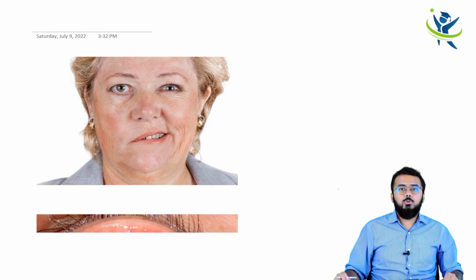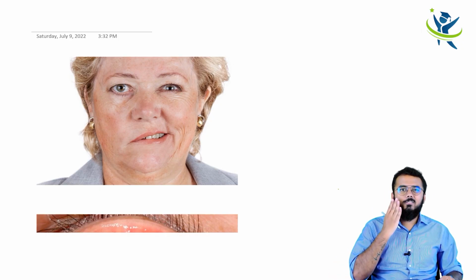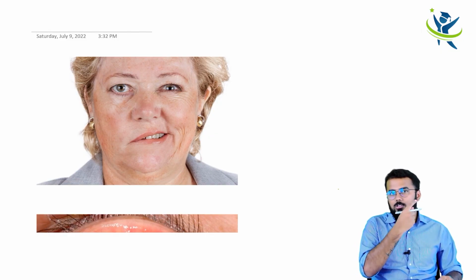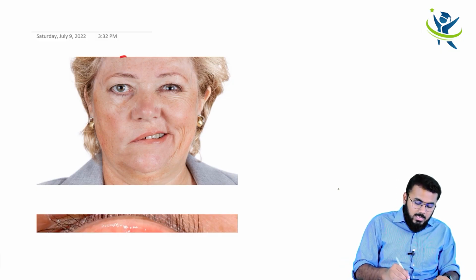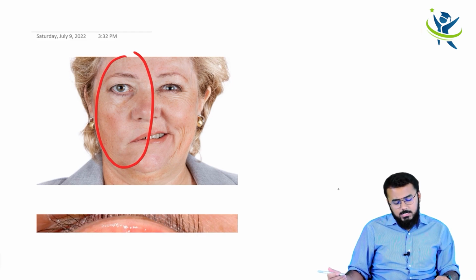If there is palsy on the right side, the right side will not have any kind of expression. If there is palsy on the left, the right side will be contracted and the left will be dull. So it means the palsy is on the right side for her. This is nothing but Bell's palsy.